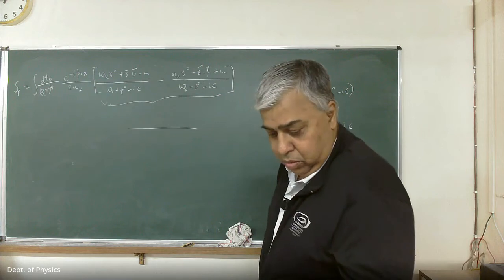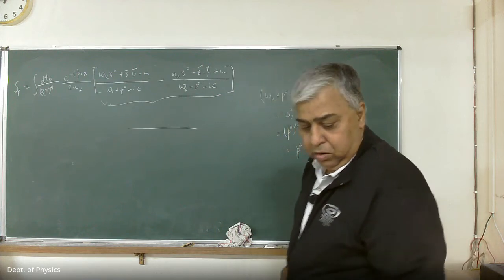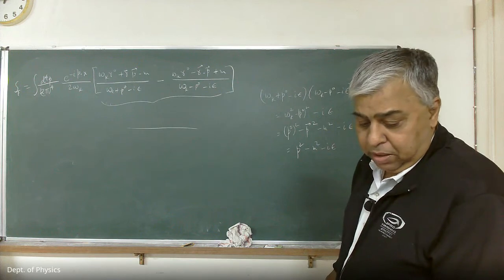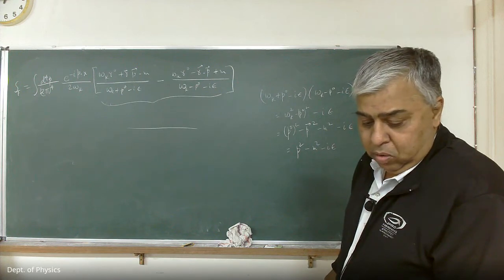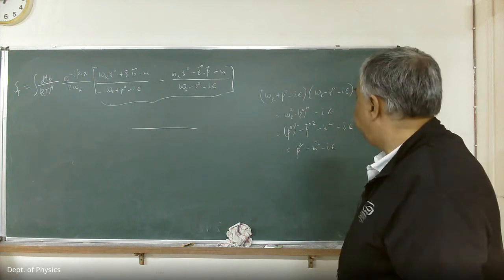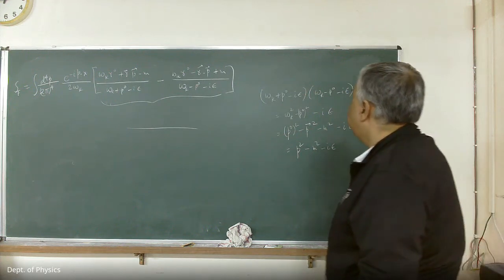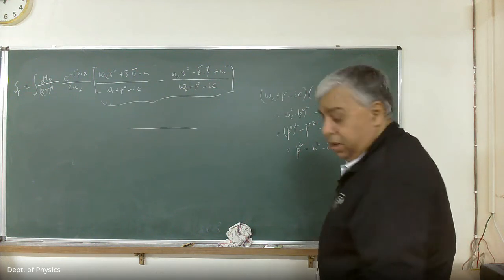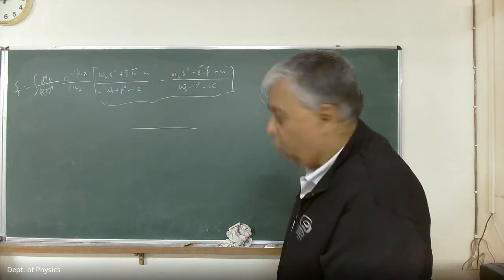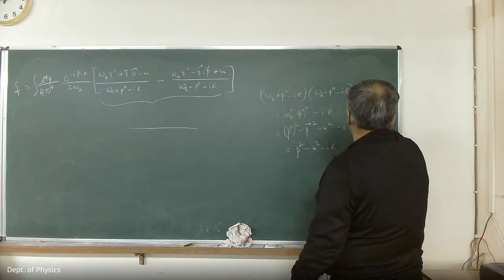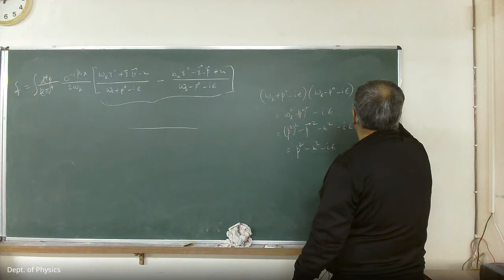In one case I have taken p⁰ equal to ω_k minus ω, another case is ω_k equal to p⁰ plus ω_k. And ω_k I have taken to satisfy the square root of k² plus m².